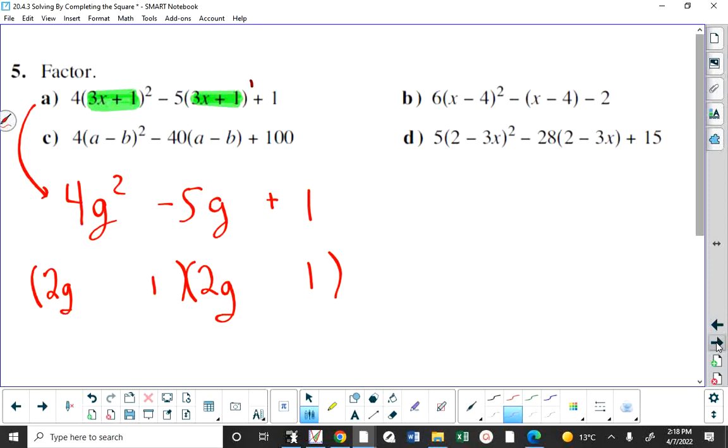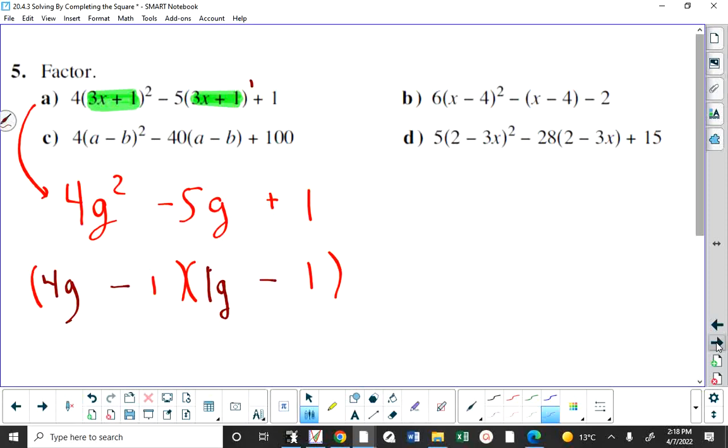It's just the way the cookie crumbles, as my dad would say. So it's got to be 4g and 1g. And if we make both of these negative, do you see that if I FOILed that out, I would get this expression? So this is the factored form of 4g squared minus 5g plus 1.